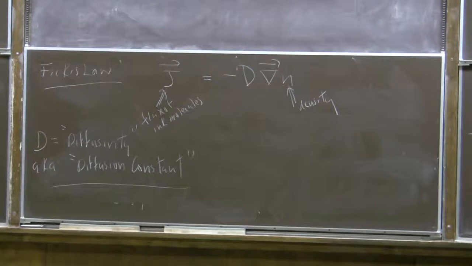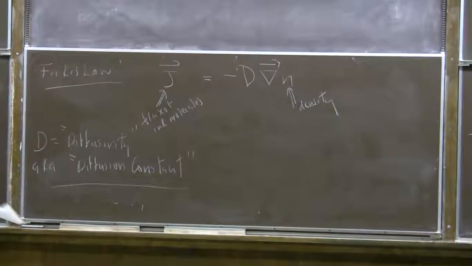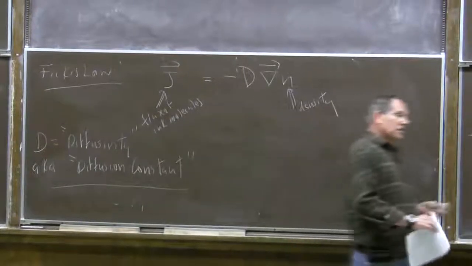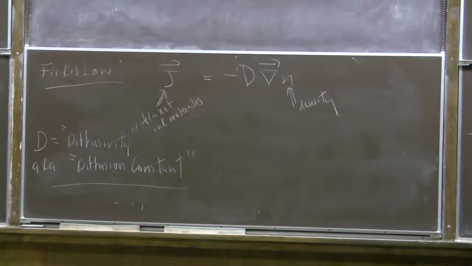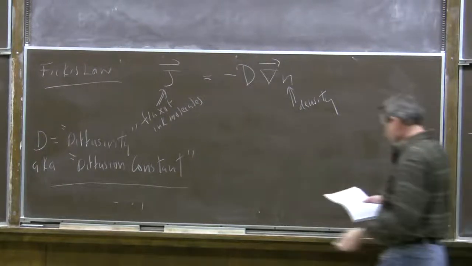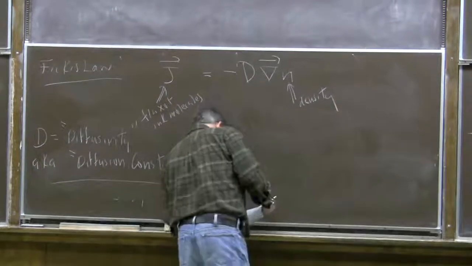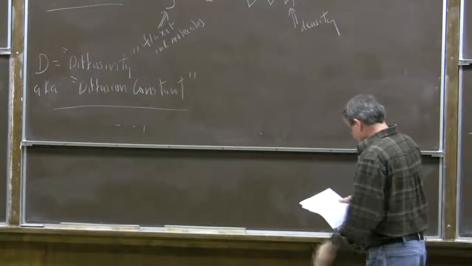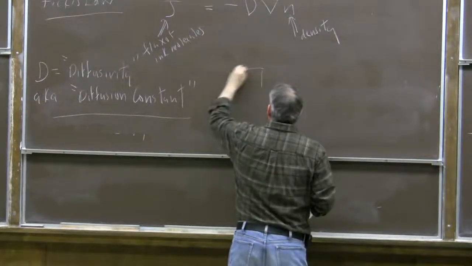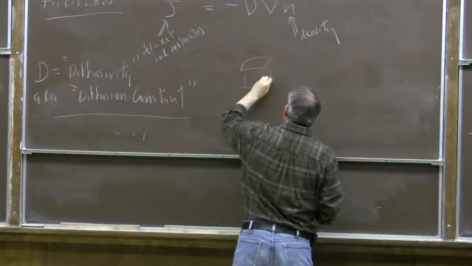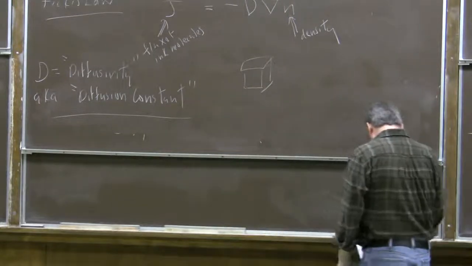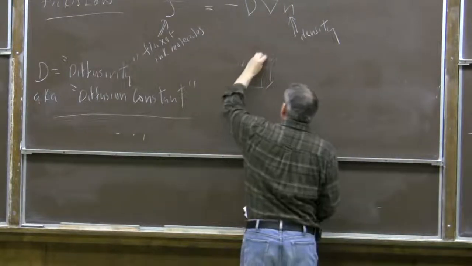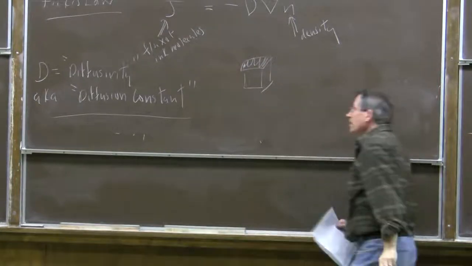Another way of writing this law of diffusion is to make use of the continuity equation. The ink molecules are conserved. There's some fixed number of ink molecules floating around in water. So if I consider some little cell or volume in the water, there are two things I can equate.